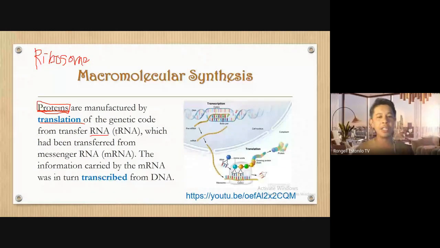The information carried by the mRNA was in turn transcribed from the DNA. DNA is the controlling part of the cell, and it sends its message through the RNAs.